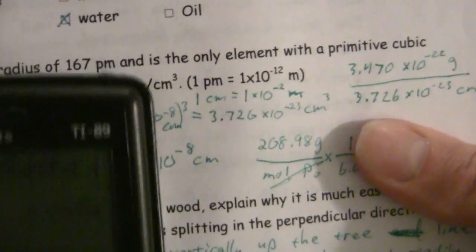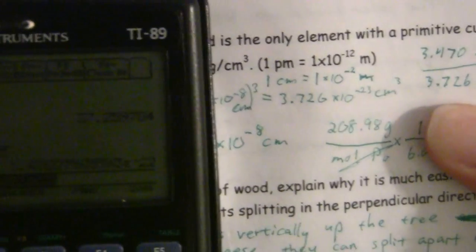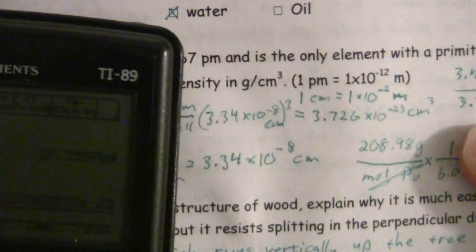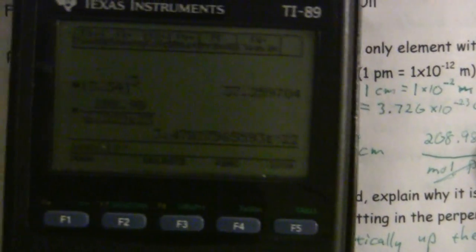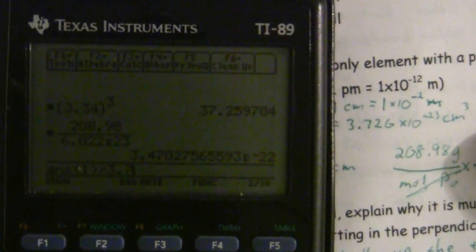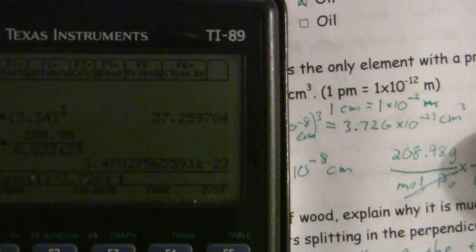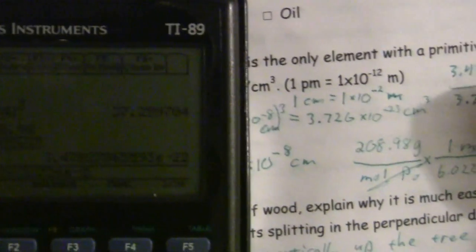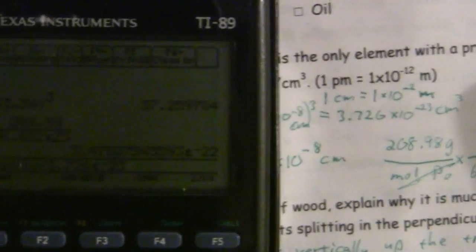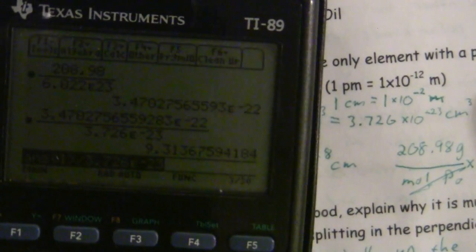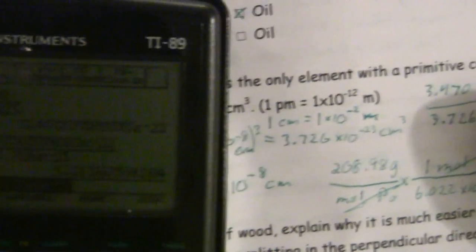So I will divide that answer by 3.726 times 10 to the minus 23, and there is my density, 9.31.